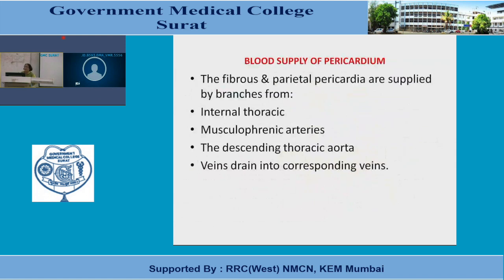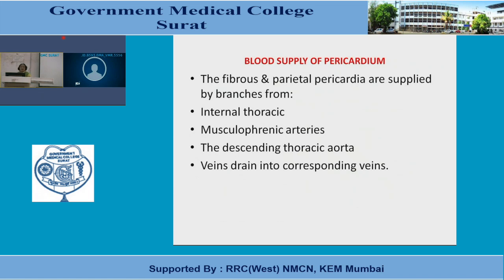The fibrous and parietal pericardia are supplied by branches derived from the internal thoracic artery, which is a branch of the first part of the subclavian artery. Then the musculophrenic arteries, which are terminal branches of the internal thoracic arteries. The descending thoracic aorta supplies it, and veins drain into the corresponding veins.